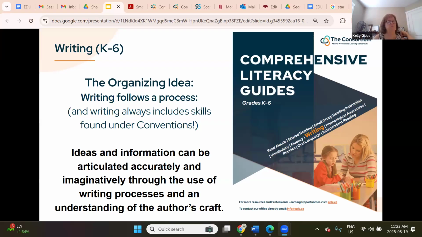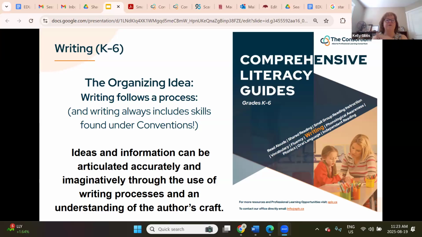One of the things I wanted to make sure that people were aware of here is that writing always includes the skills that we find under conventions. So conventions ends up looking at sentence structure, grammar, syntax. It also looks at the whole idea of spelling as well.